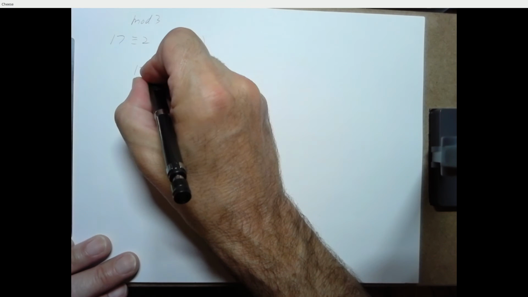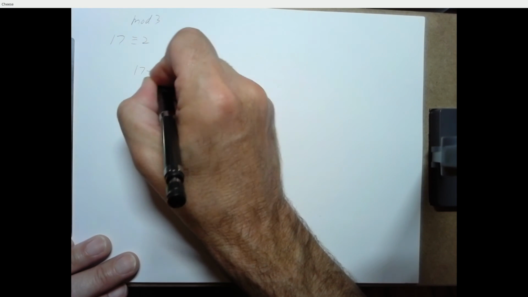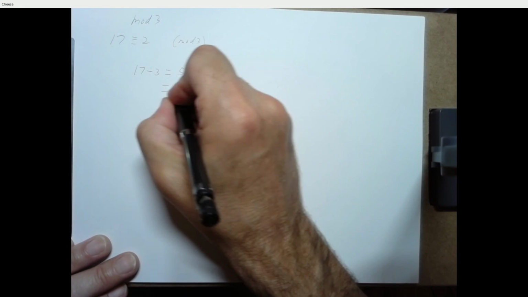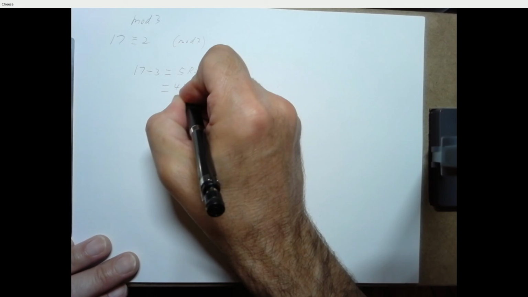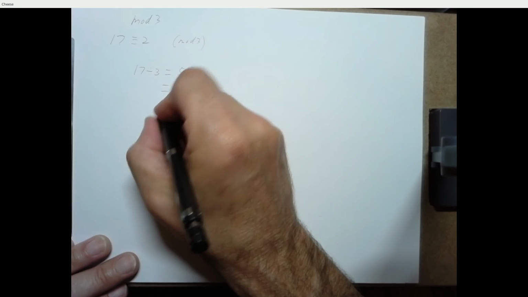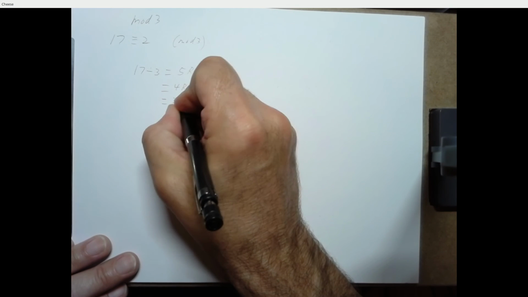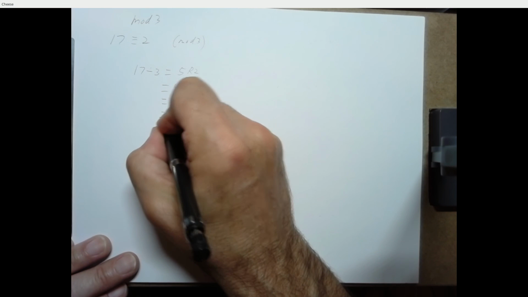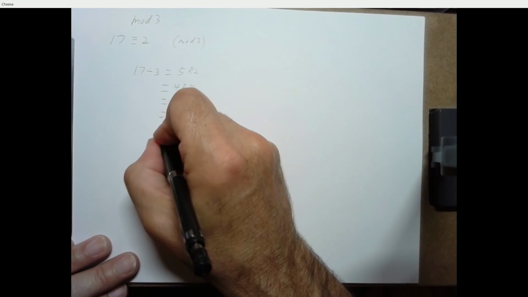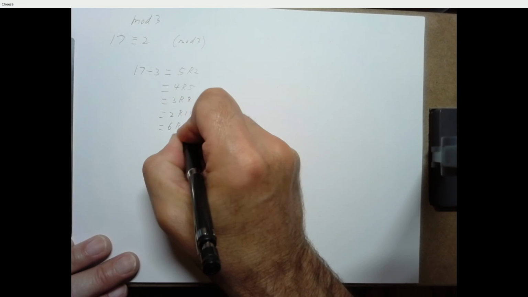We could say 17 divided by 3 equals 5 with a remainder 2. We could also say it's equal to 4 with a remainder of 5. 4 times 3 is 12, plus 5 is 17. Or it's equal to 3 with a remainder of 8. Or it's equal to 2 with a remainder of 11. Or it's equal to 6 with a remainder of negative 1.